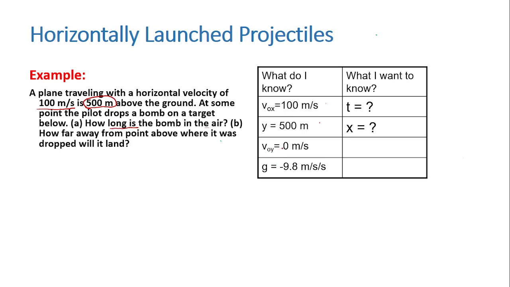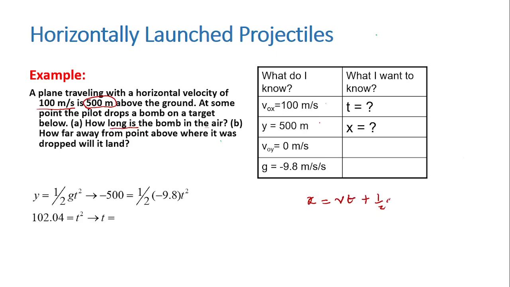Remember, we have a formula: distance is equal to vt plus half at squared. Since the distance is y, y equals vt plus half at squared.